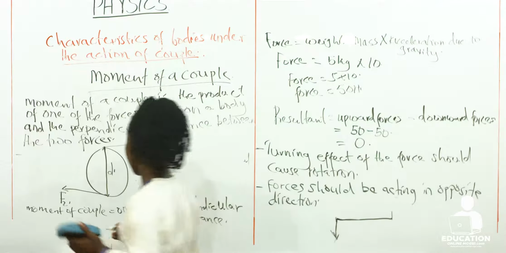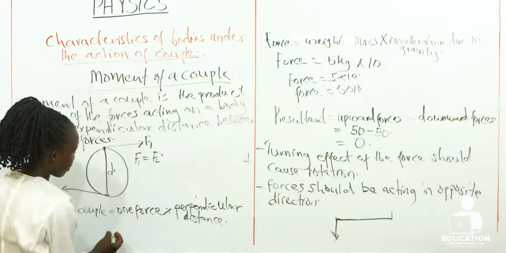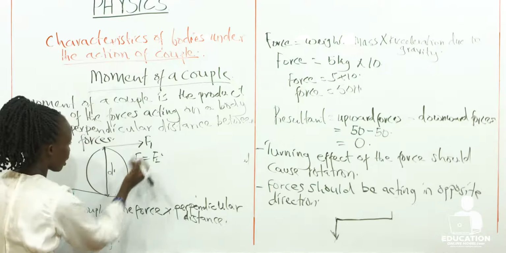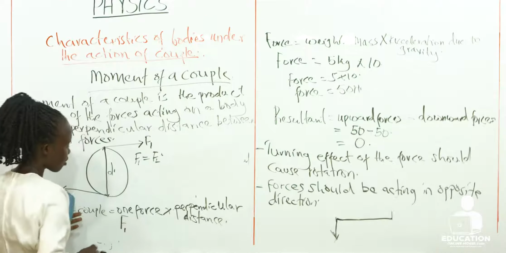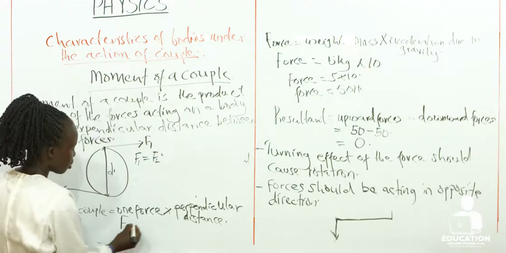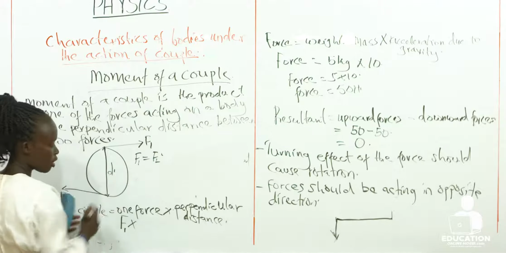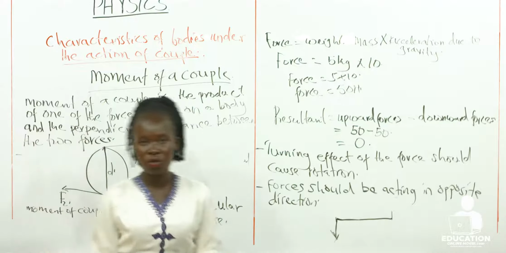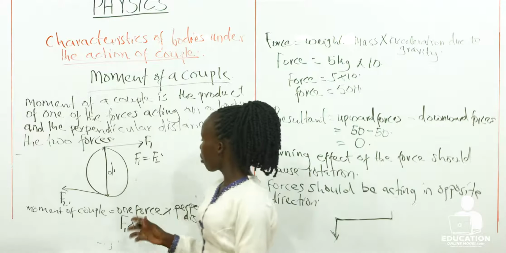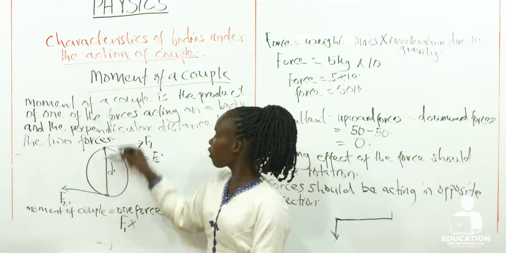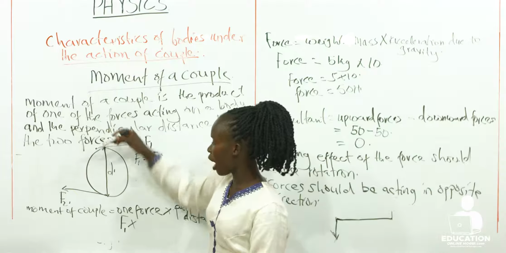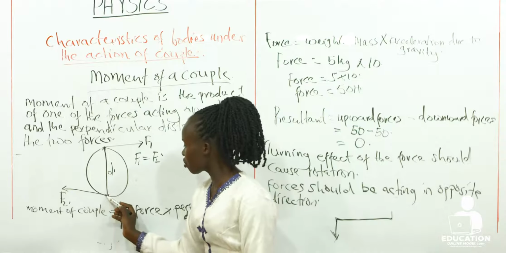So we shall have our moment of a couple as, let's take our F1. If we take F1 as the force we are considering, it should be times the perpendicular distance between those two forces. So what is our perpendicular distance here? You'll see that our F1 is acting right up here, and then we have our F2 acting just right below here.